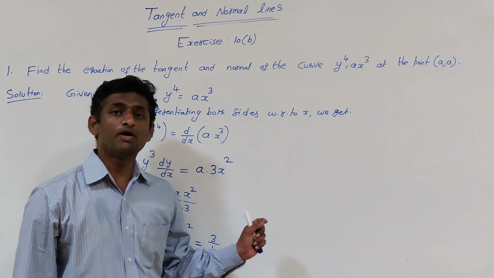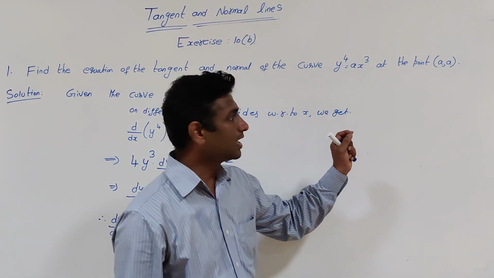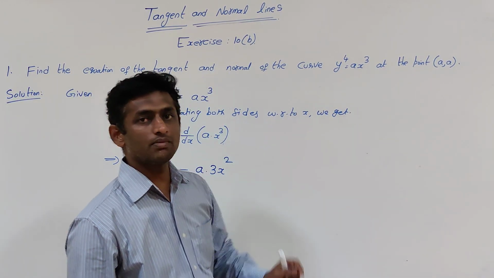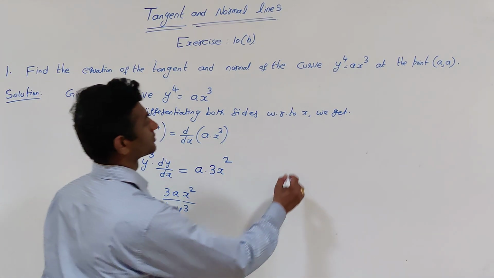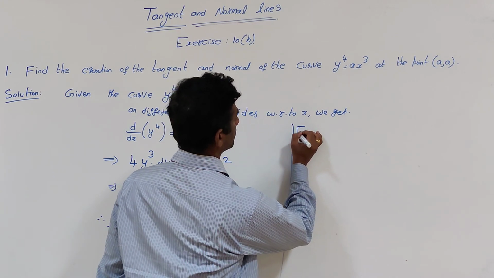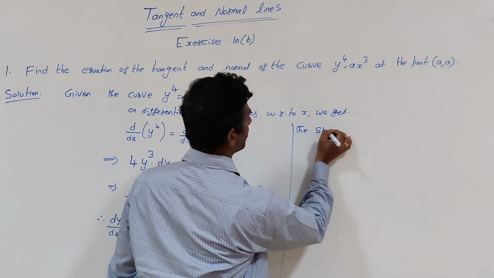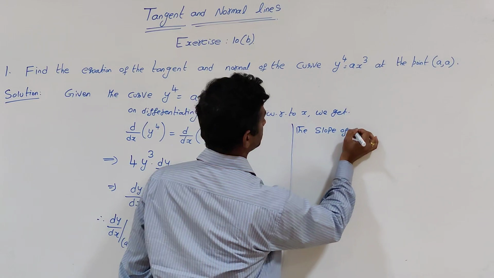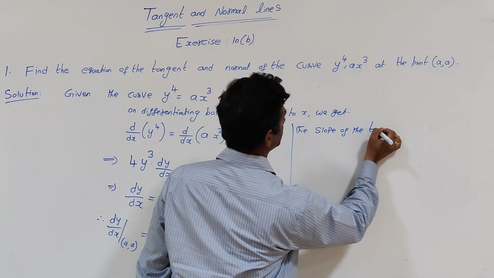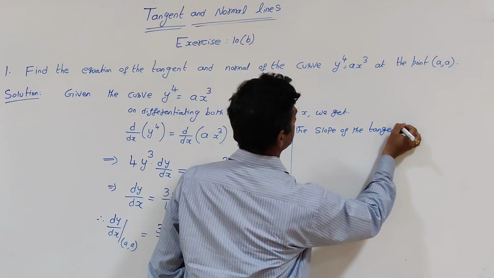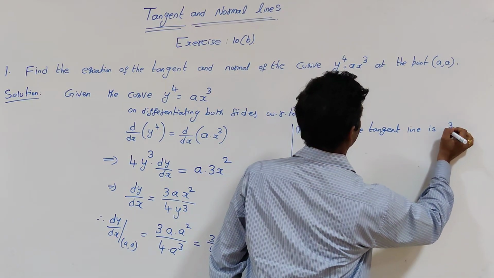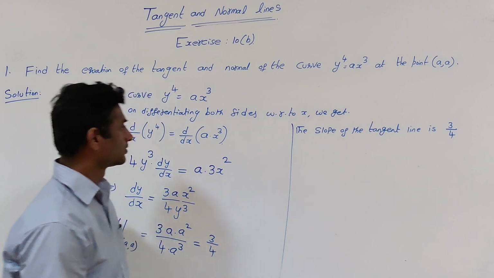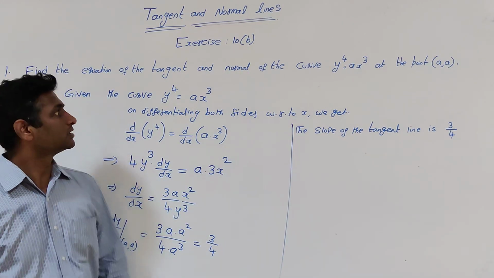So the slope of the tangent line at the point a comma a is 3 by 4. That is the slope of the tangent.